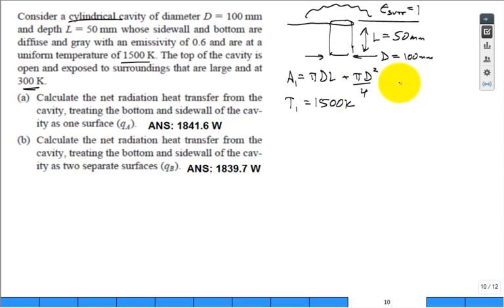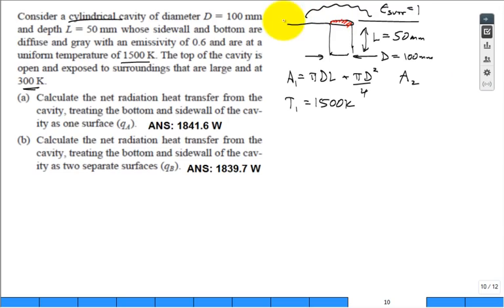Okay, what about the area 2? Well, we have an infinite enclosure here, but what you do is you just put 2 as the lid to close it. And you treat it black with the emissivity 1.